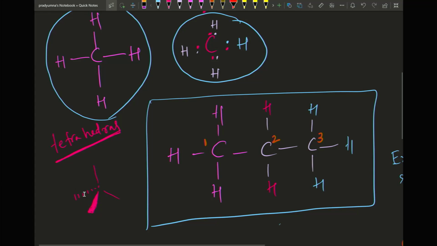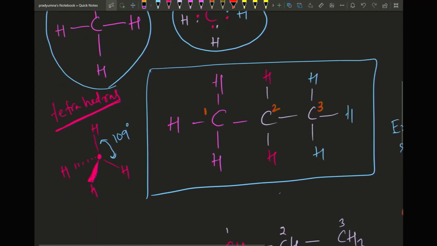The dash is pointing away from the plane, the wedge is pointing towards you, and these 2 lines are on the paper where you are writing. Obviously, this is H, H, H, H, and the center is carbon. Each angle is 109 degrees. So it is not technically 90 degrees as we write on paper, but in reality it is a tetrahedral structure.